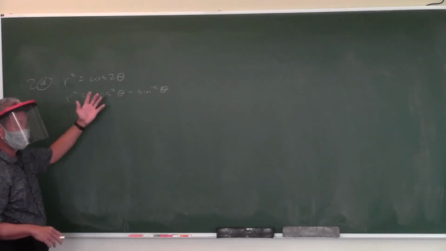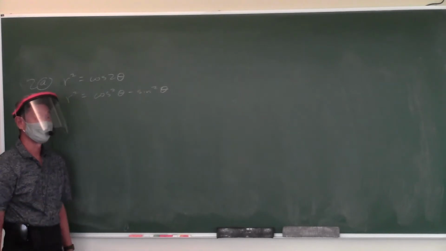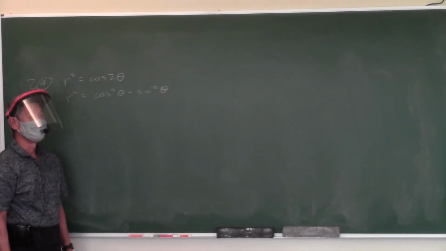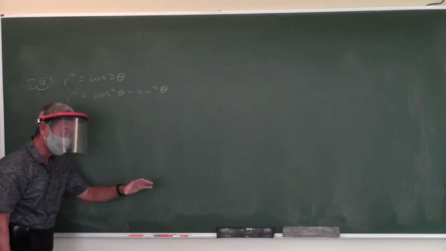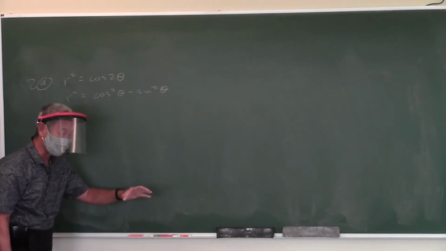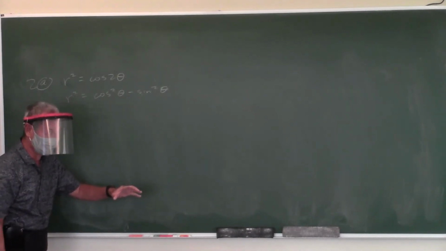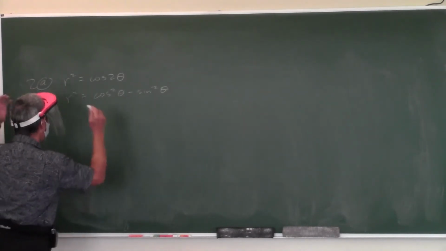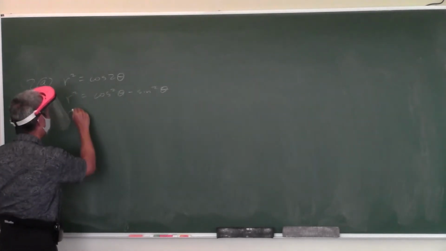So what can I do to both sides of this equation so that I can get these things? Multiply both sides by r or r squared. Why am I waiting for an answer? I'm the dumb one. Multiply both sides by r squared.